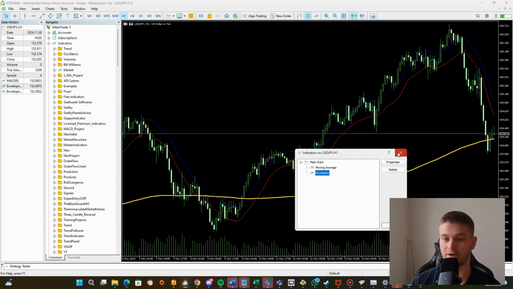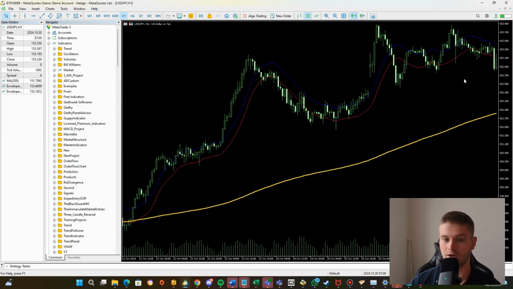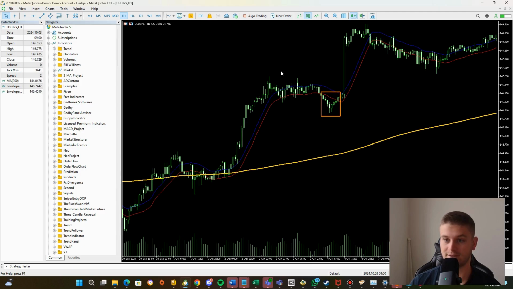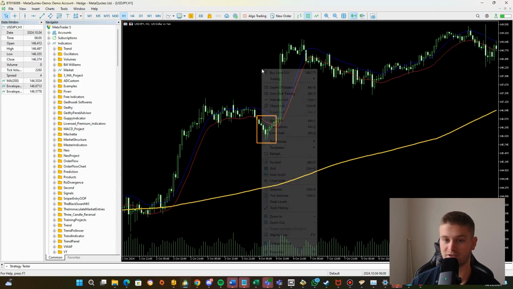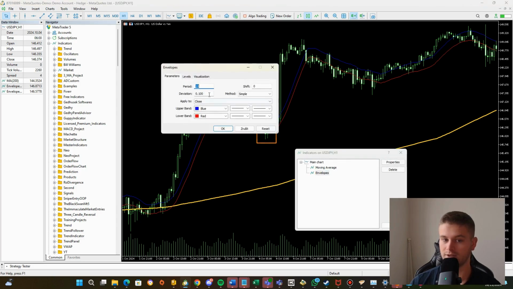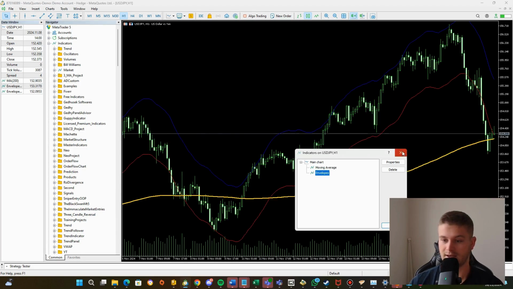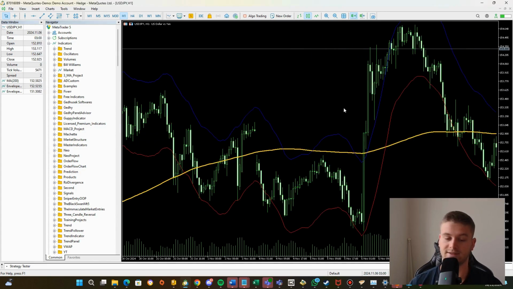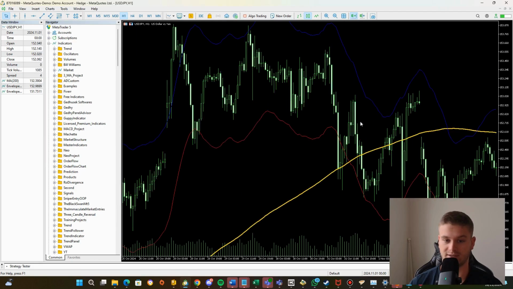When I apply these initial settings, you can see that we have a lot of signals. So I will choose some different values, and since I can't say what values are the best ones, I will keep it dynamic, and then I will optimize it inside the strategy tester.